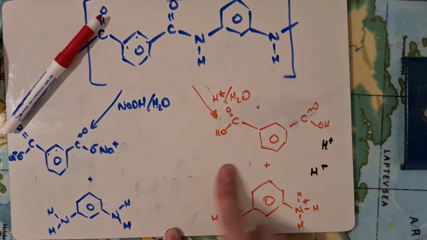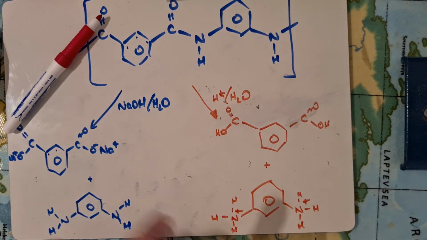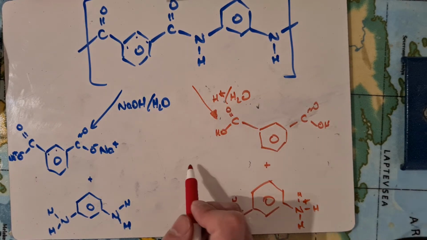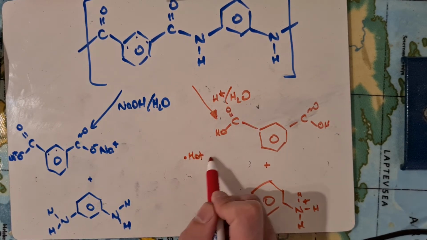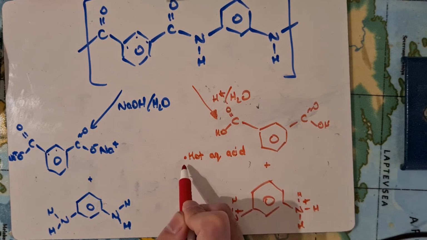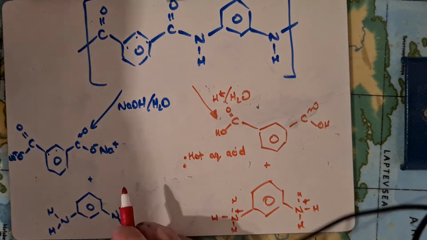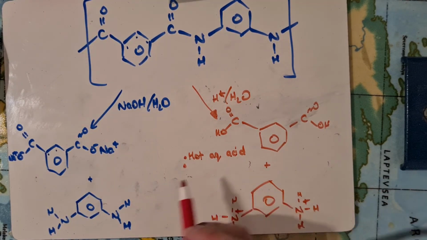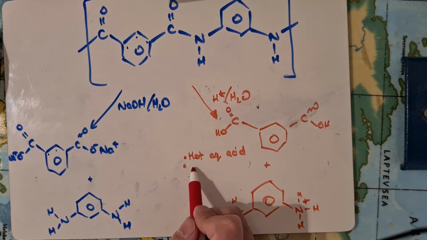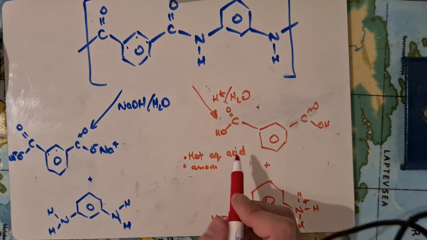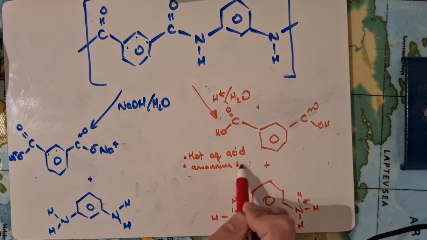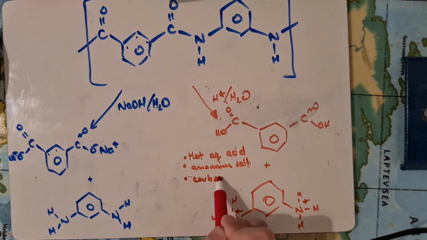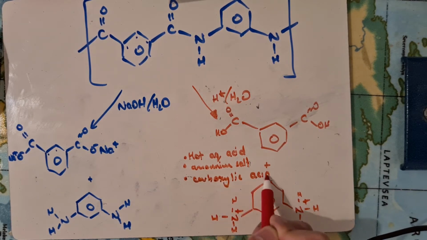So the products in this is going to be hot aqueous acid again. We'll get the ammonium salt forming down here, plus our carboxylic acid up here.